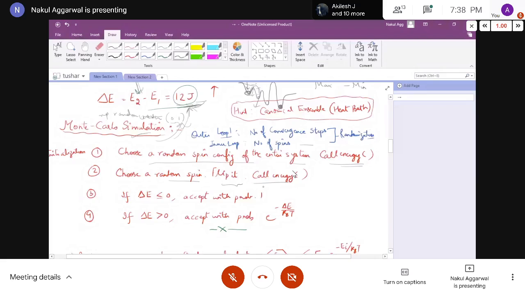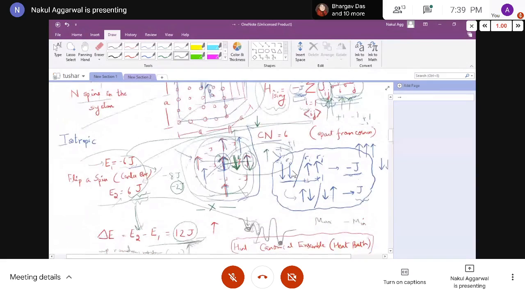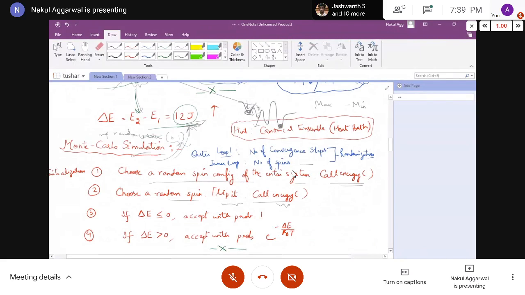Earlier, we knew the spin here, so we calculated the initial energy, then flipped the spin and calculated again. Now you have to calculate the energy of the entire system, because in the first step we are calculating the energy of the entire system. In the first step we have not chosen a spin, right? So you calculate these energies in steps 1 and 2.